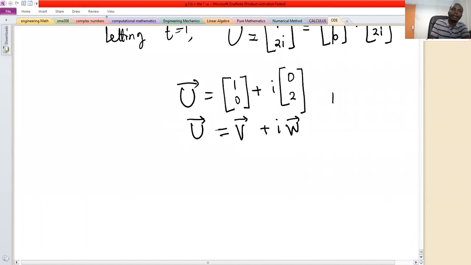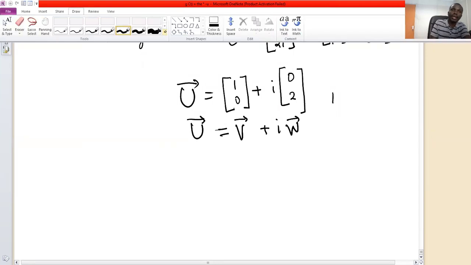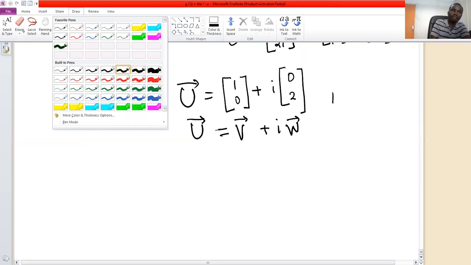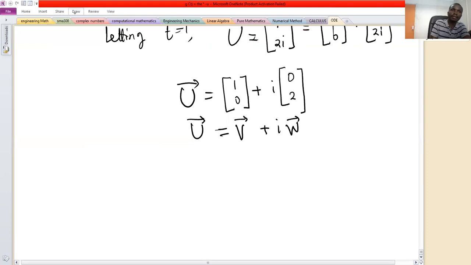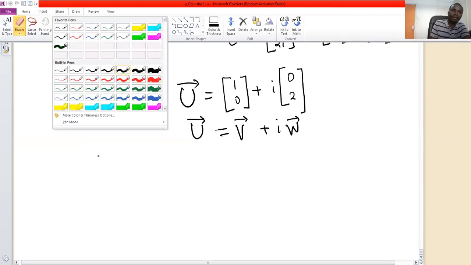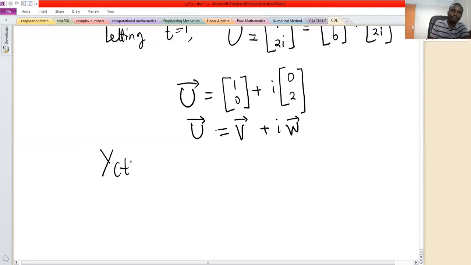Now, we know that the solution y of t is e raised to power lambda t times vector u, which will be e raised to power 2i times t, so it is 2ti.